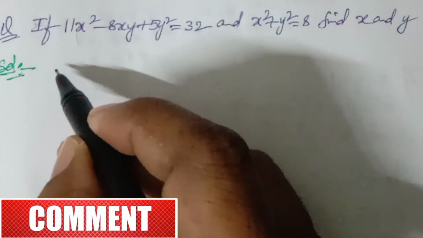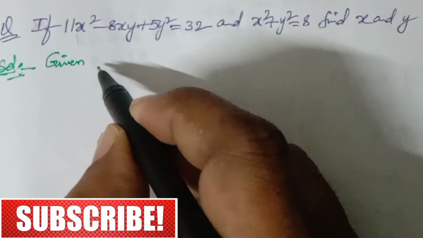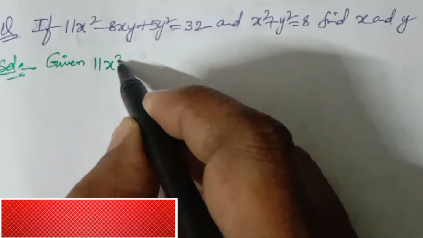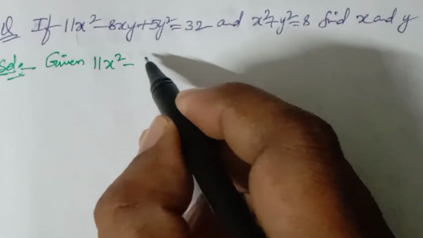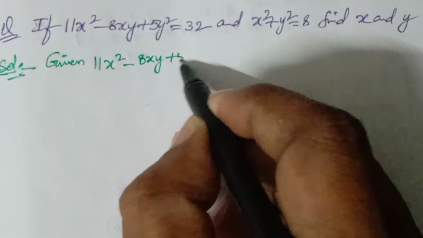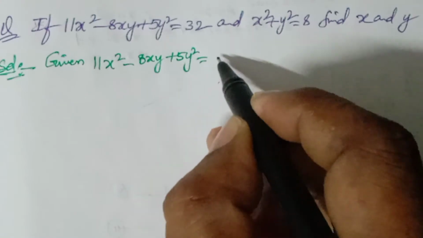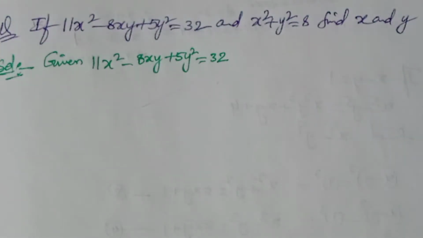So first of all, what is given? 11x square minus 8xy plus 5y square is equal to 32. So here, adding minus 8xy on both sides.